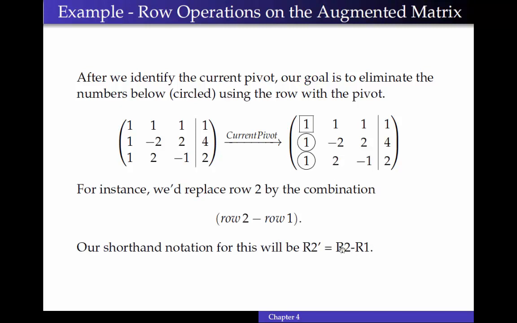So we're going to use a shorthand for this, where we're going to say row 2, R2 prime. So the new row 2 is going to be the current row 2 minus row 1.